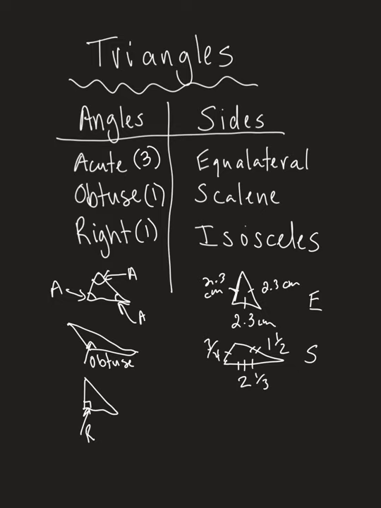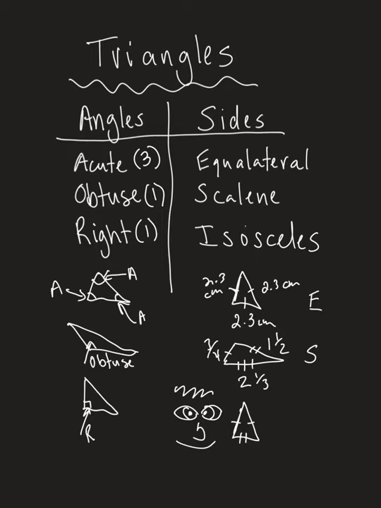Okay, and then the last one is isosceles. Isosceles are when you have two sides the same. Remember, you have two eyes, right? So think of isosceles as eyes, as you have two sides that are the same.